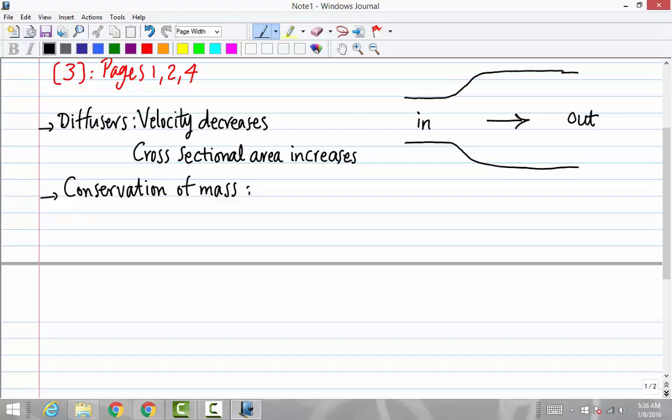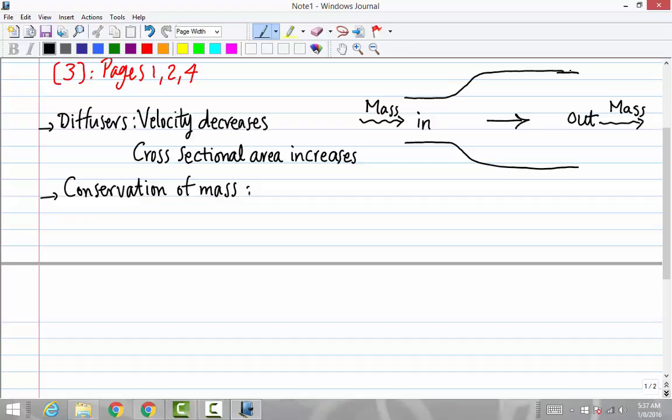The mass coming in equals the mass going out, because there's no leakage from the boundaries of the diffuser or the windmill. Whatever comes into my system leaves the system.